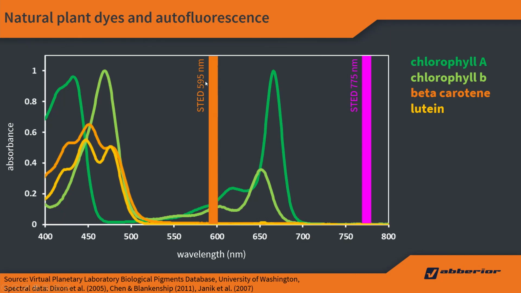The 595 laser will basically excite plant dyes a little bit, and since this is a powerful laser, we might have some interference here with the chloroplasts, for example. On the other hand, the 775 nanometer laser is acting in an area where there's basically no natural absorption, which means we can really use this as much as we want without any toxicity or noticeable effect on the chloroplasts.